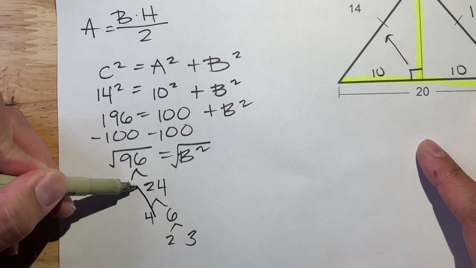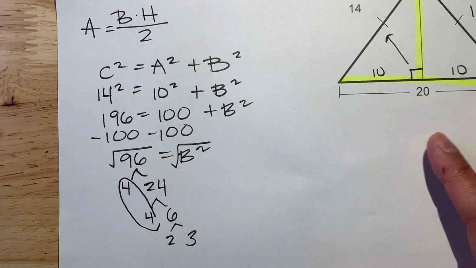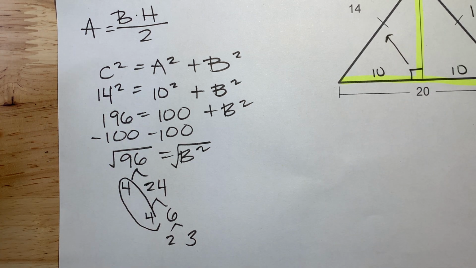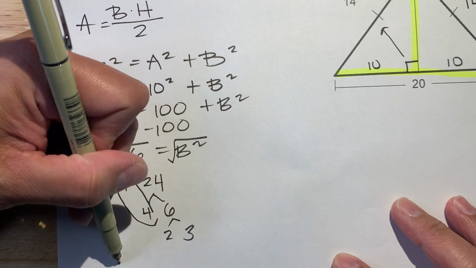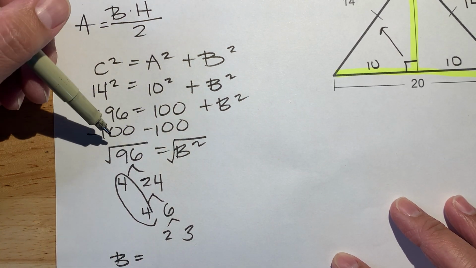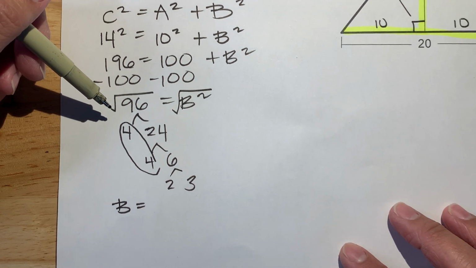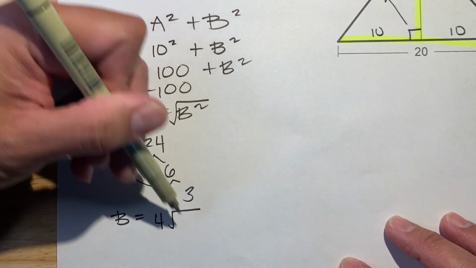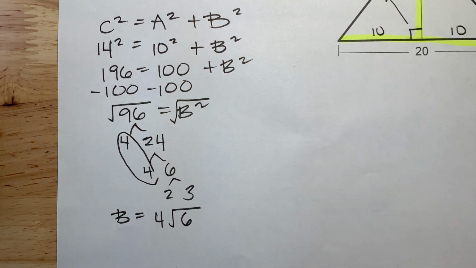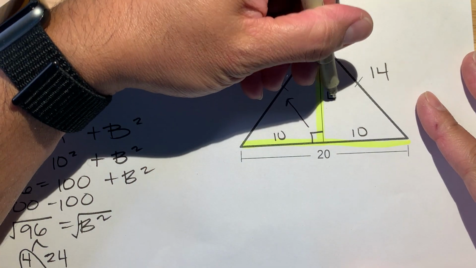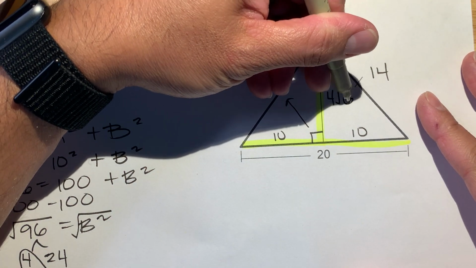I have a pair right here. Now, if you found some other ones to start off with other than 4 and 24, then hopefully when you find all your pairs, you'll get that the square root of 96 ends up being 4, and then 2 times 3 is 6. 4 square roots of 6. Okay. So it turns out our height is 4 square roots of 6.